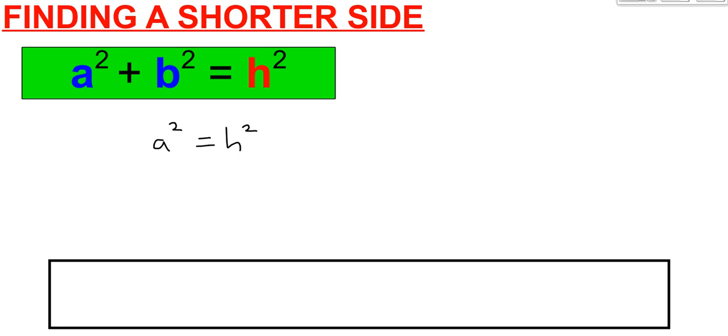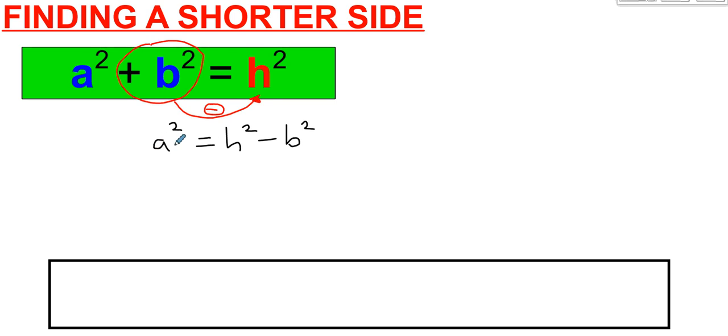In effect, I imagine this b squared, which is positive, swapping to the other side. But if we swap the side, we swap the sign. Opposite of plus is subtract. And so a squared would equal h squared minus b squared.